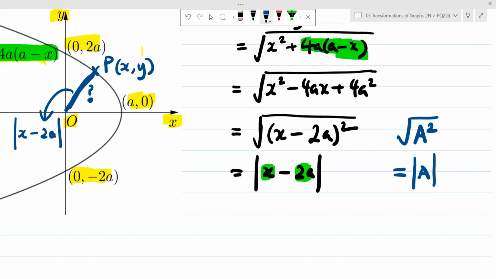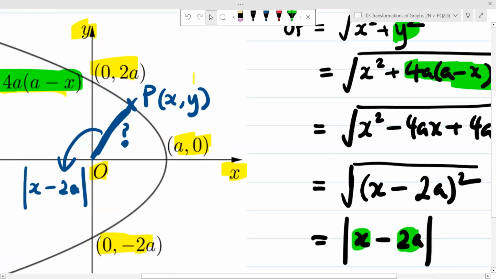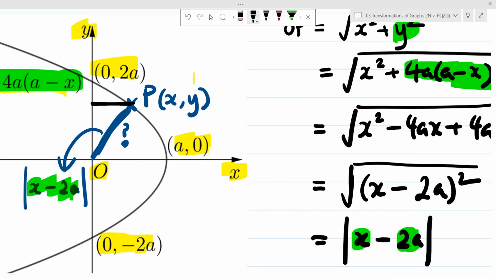Okay, let's look at it from another perspective. X minus 2a is also the difference between this length, because this is x, right? As well as 2a. Where is 2a? Somewhere here.